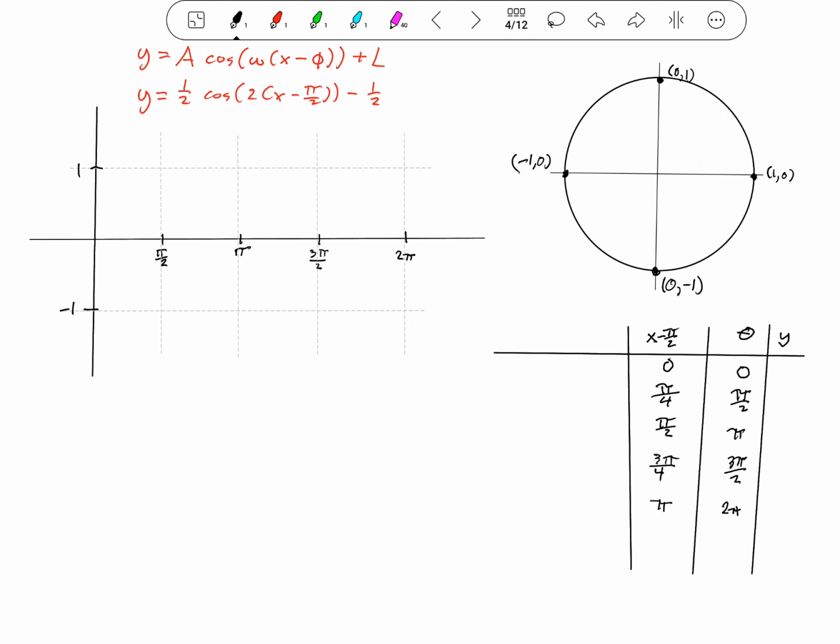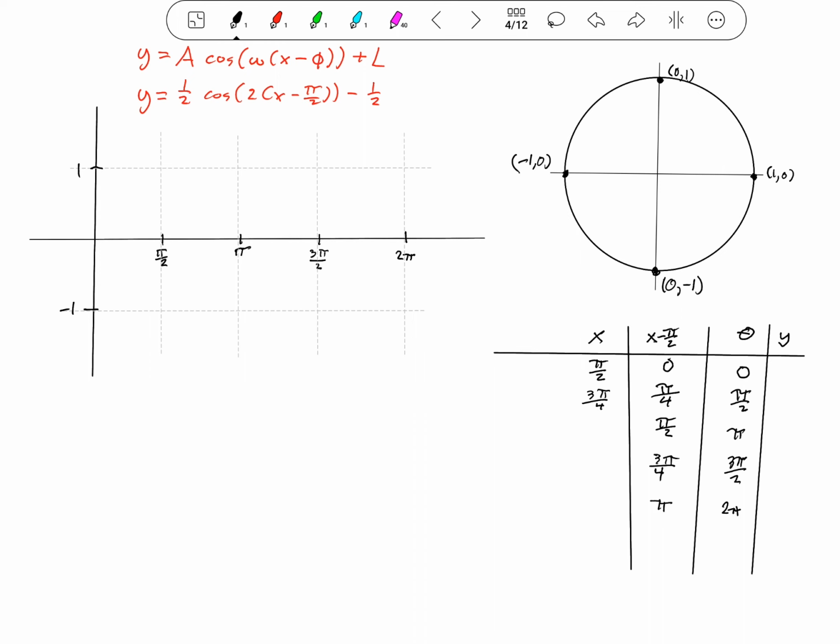So I need to figure out what x values get me there. To get to where x minus pi over 2 is 0, x needs to be pi over 2. To get to where x minus pi over 2 is pi over 4, x needs to be 3 pi over 4.